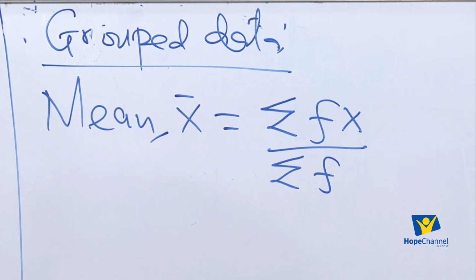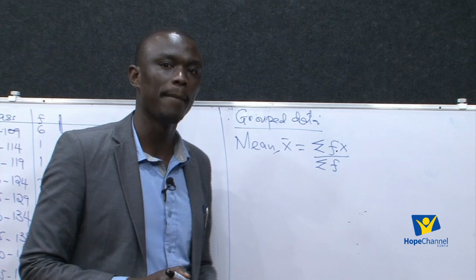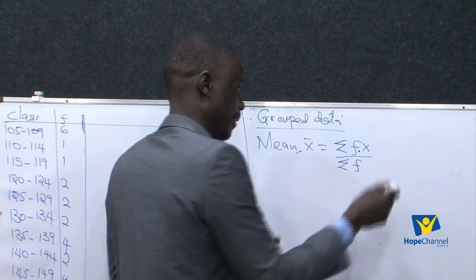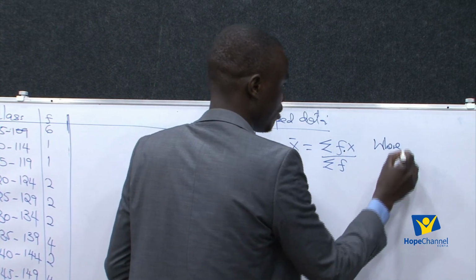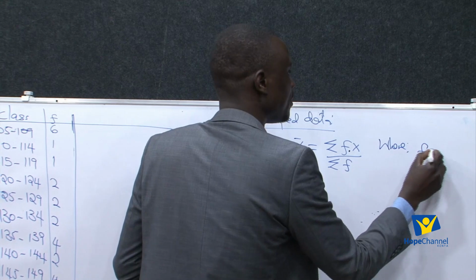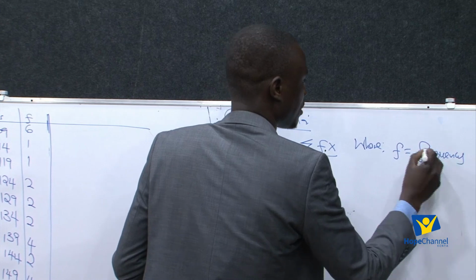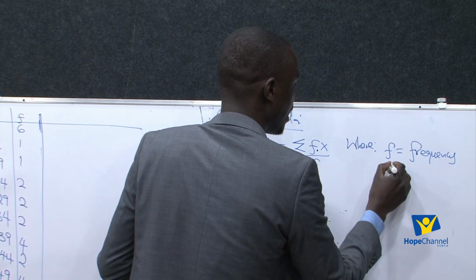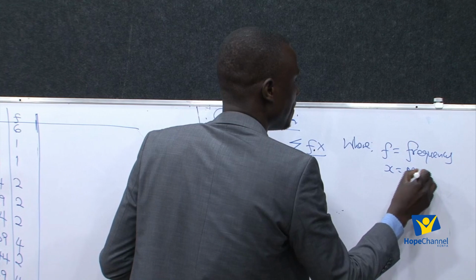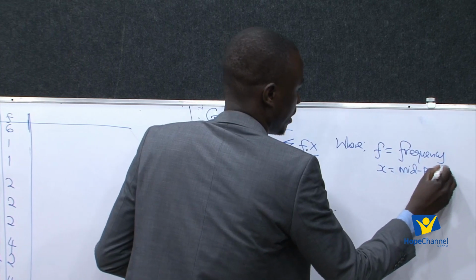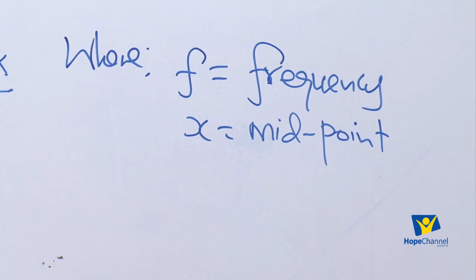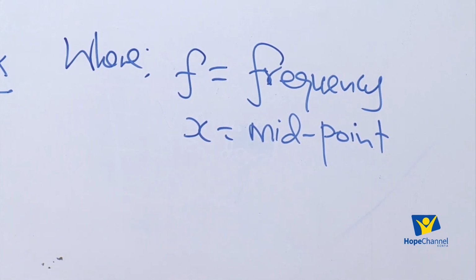So what is fx? fx means f, which is the frequency, multiplied by x. Where f stands for frequency and x stands for midpoint.